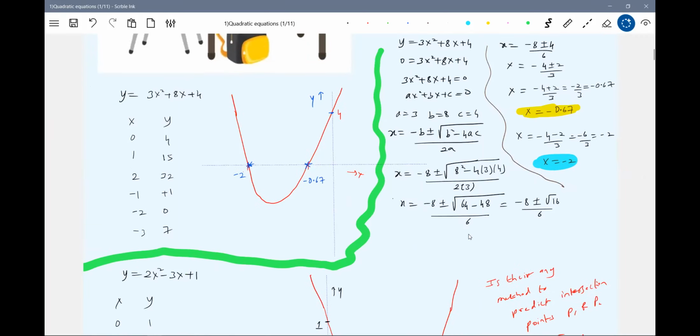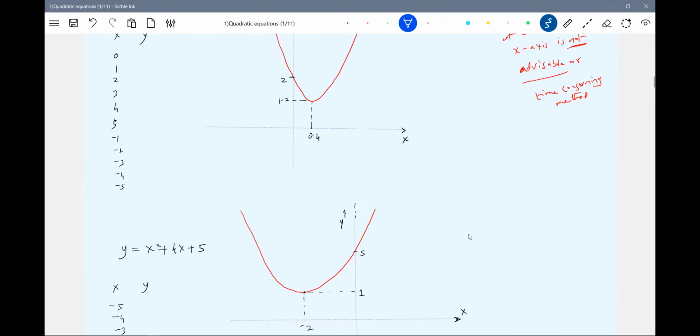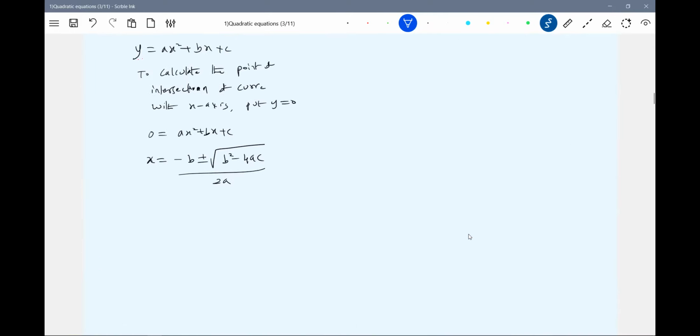What are the 0.6 and 0.2? They are called as the roots. Minus 0.67 and minus 2 are called roots. Agreed? So this is what that equation, when you solve that, there are two roots.